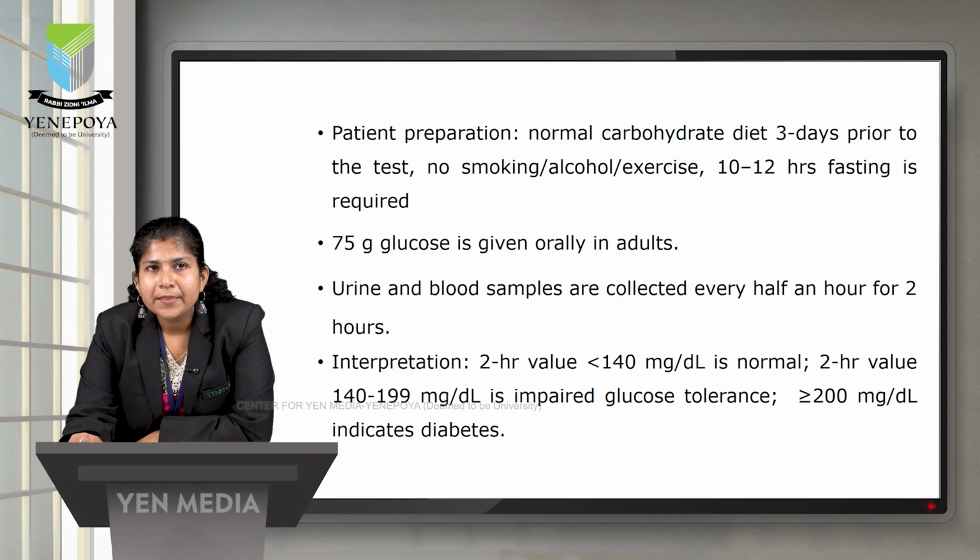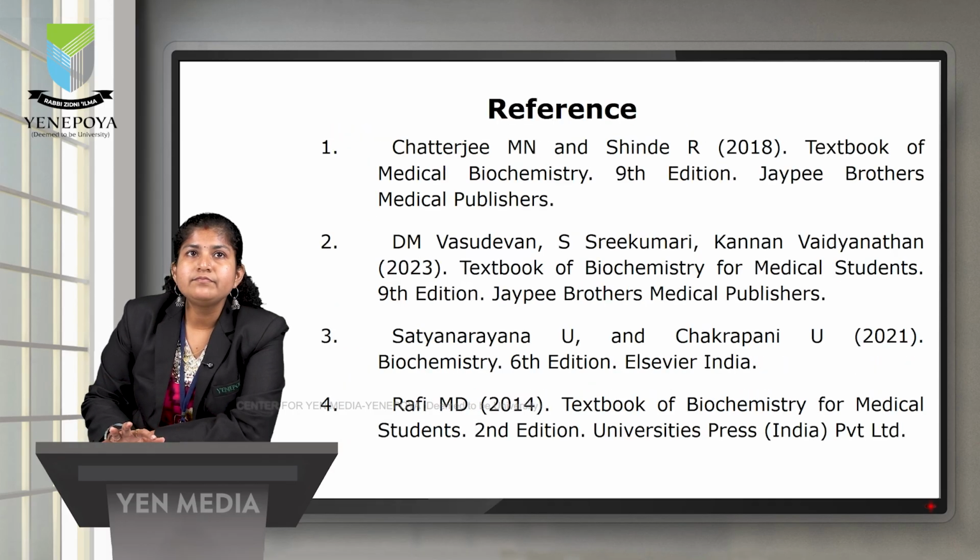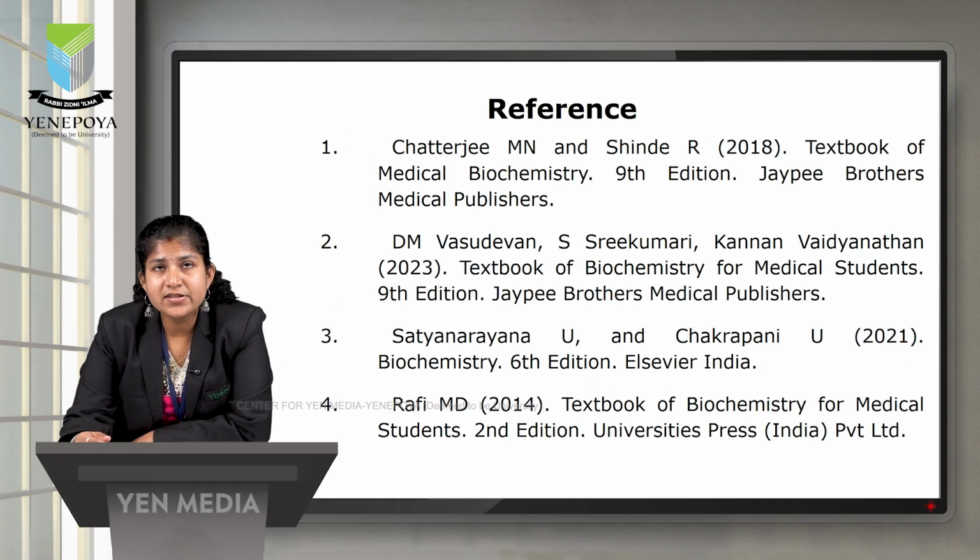Urine and blood samples are collected every half an hour for 2 hours. Interpretation: 2 hours value less than 140 milligram per deciliter is normal. 2 hours value 140 to 199 milligram per deciliter is impaired glucose tolerance, and more than 200 milligram per deciliter indicates diabetes. These are my reference.